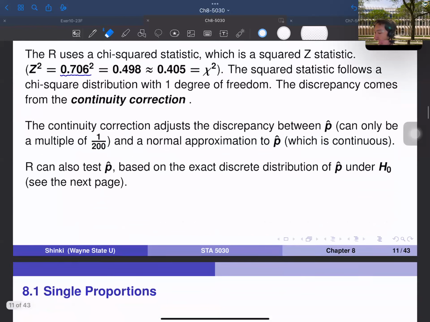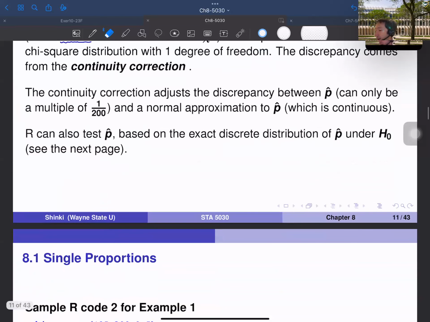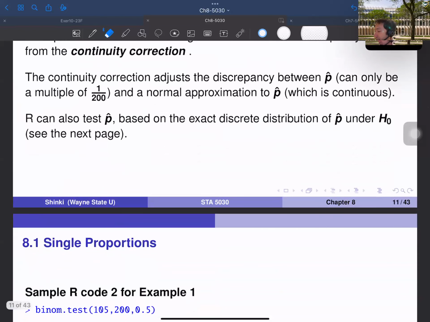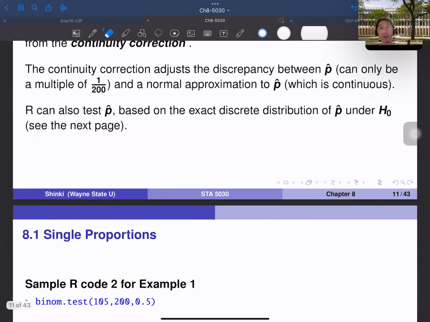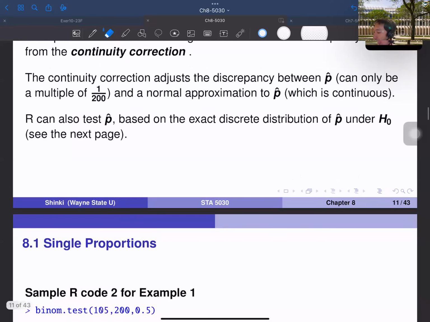The continuity correction basically adjusts the distribution of p hat and z. Since p hat is discrete, we cannot fully correct it, but we can still do somewhat better than doing nothing.